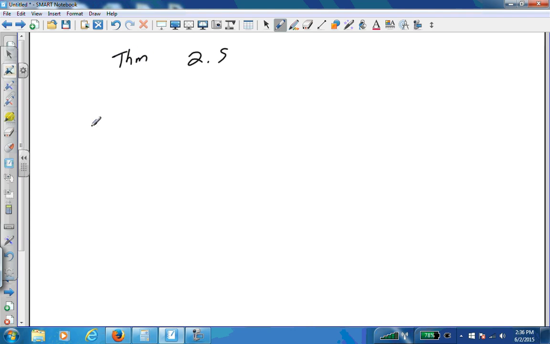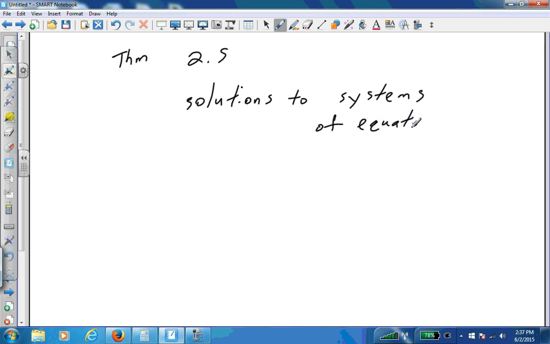This is still in section 2.2, but it talks about solutions to systems of equations. In class today, we talked about solutions for homogeneous systems of equations, and we talked about some properties of those, but these are systems of linear equations in general.